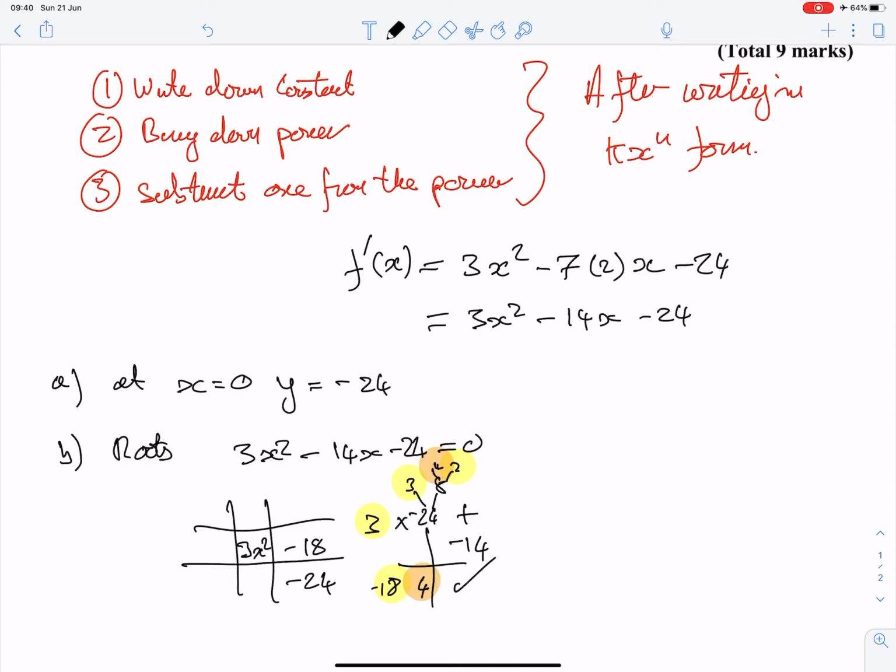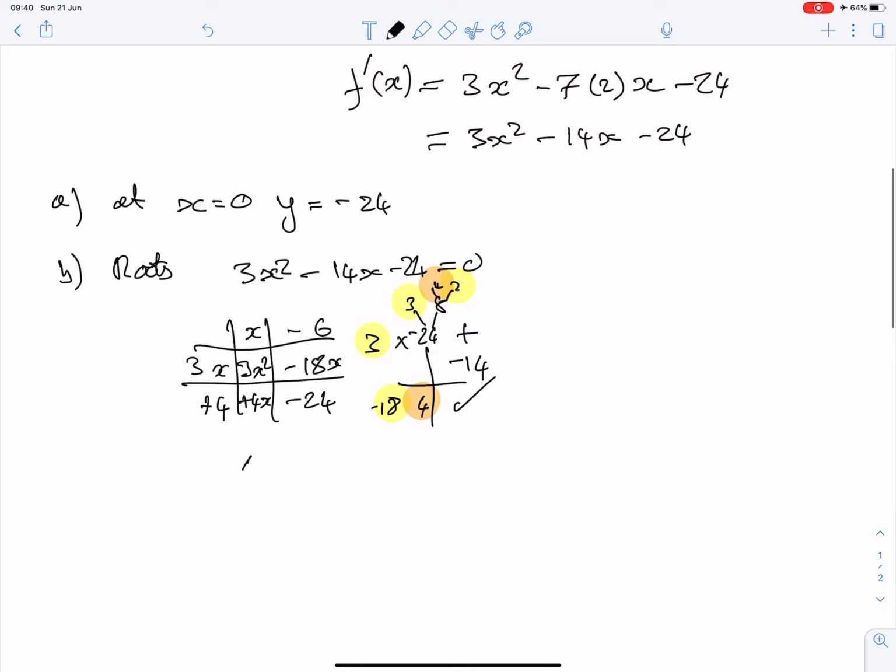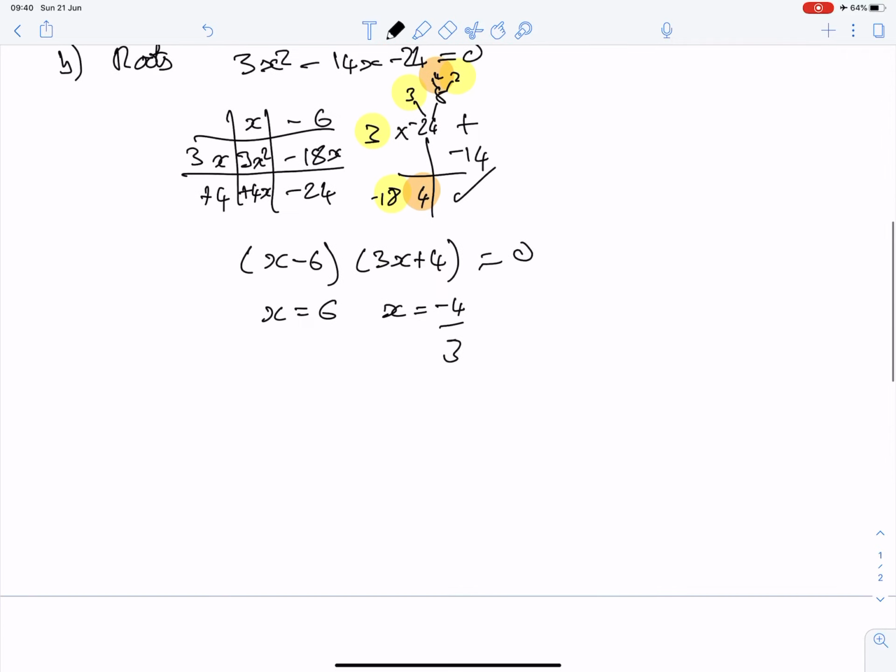So minus 18x plus 4x, 3 out as a factor, x minus 6 plus 4. So I've got x minus 6, 3x plus 4 equals 0. So x equals 6 or x equals negative 4 over 3. So we can now sketch the curve fairly easily.